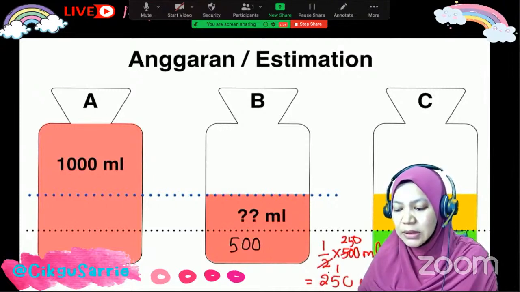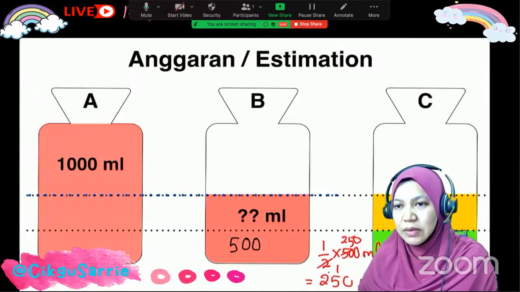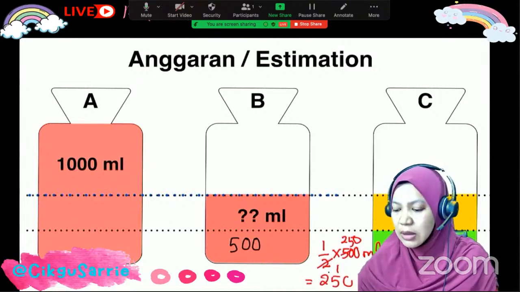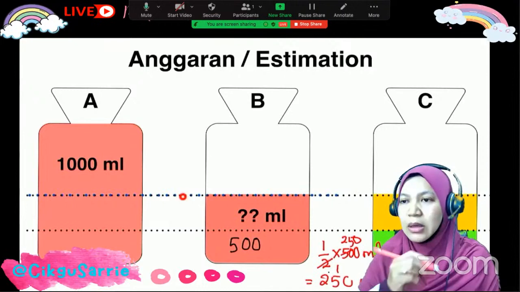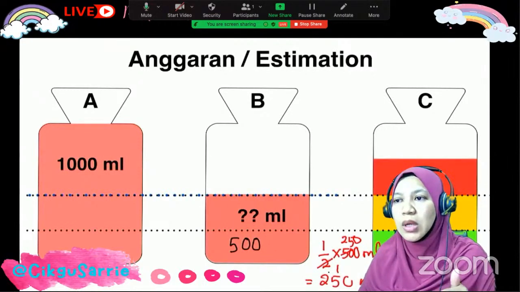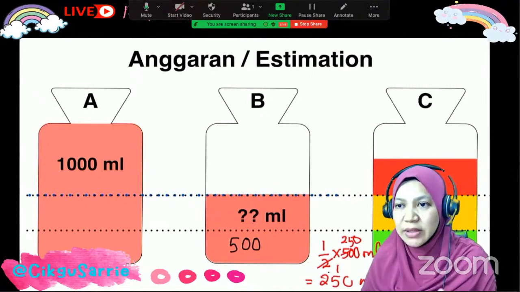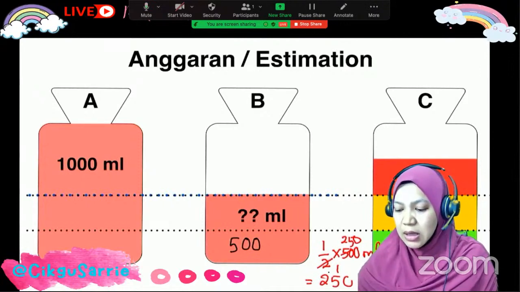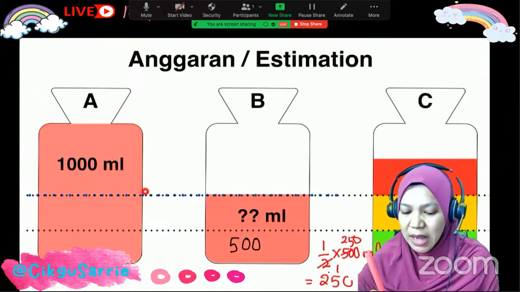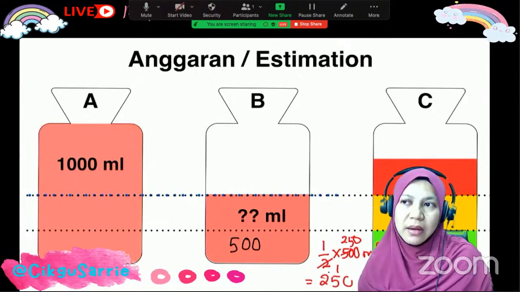Because we look at the dotted line there, it's equal, sama. Now if we add on another volume of water in tank C, the volume now in tank C is more than tank B, but less than tank A.